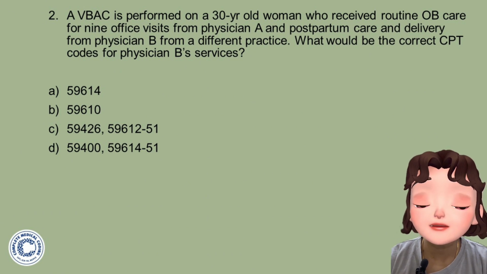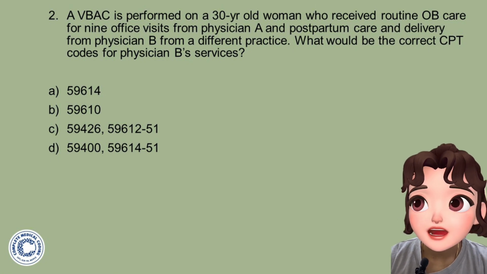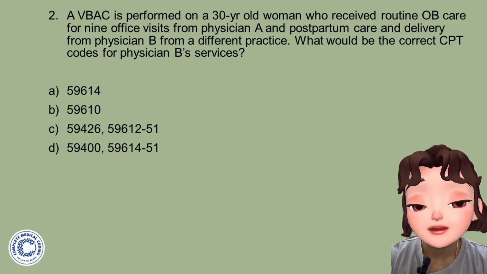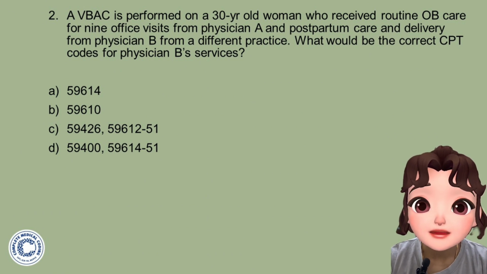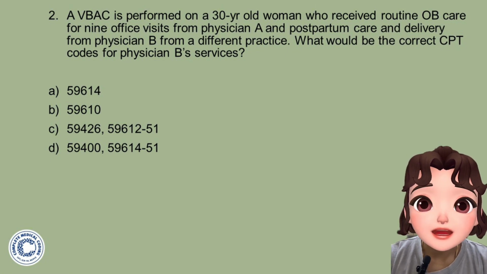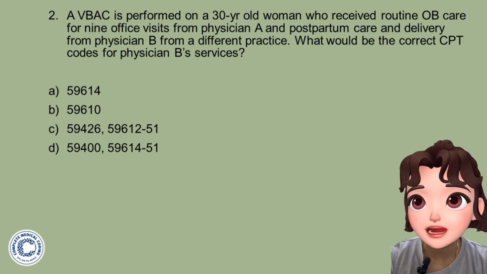Up to 9 office visits means almost all the office visits are completed, right? And then from physician B, this patient had postpartum care and delivery. That is from a totally different practice, totally from a different hospital setting.